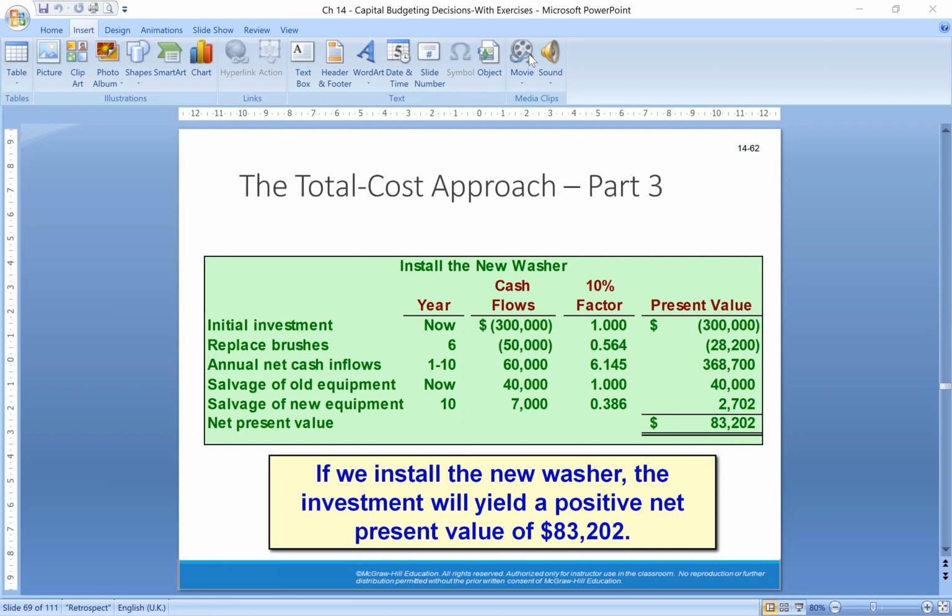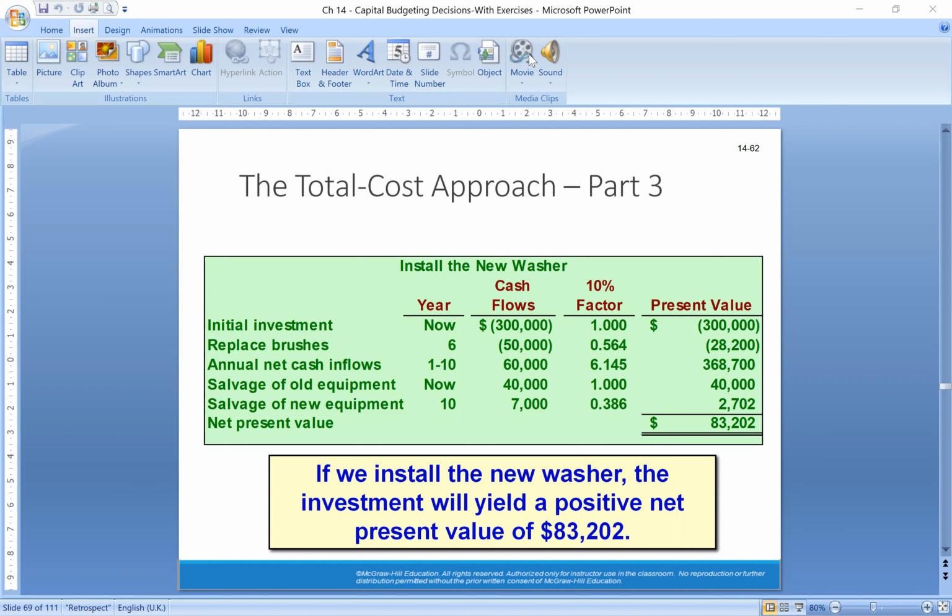Install a new car wash. We have an initial investment of 300,000. The factor is 1 because we are paying now. So 300,000. Replace brushes in year 6, which means one time, 50,000 to be paid after year 6, using table number 1 because it is one time.